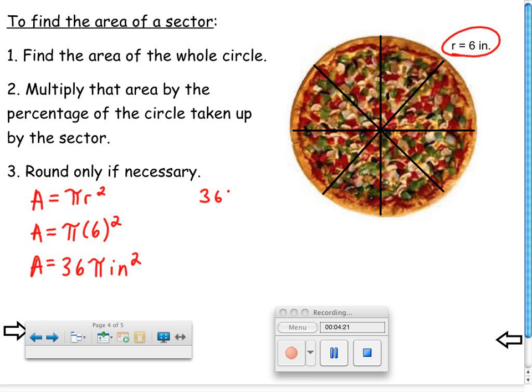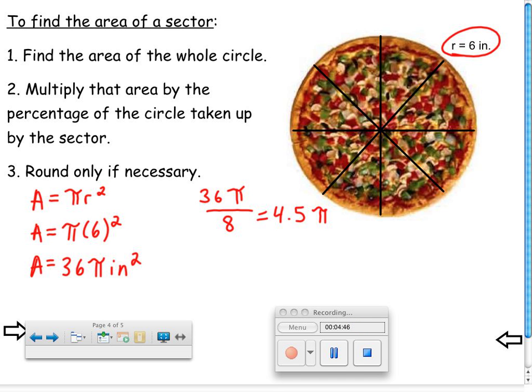Don't confuse the number pi with the pizza pie. The pizza pie is yummy. The number pi is a number. Just remember that. Anyway, we divide 36 pi by 8. And when we do that, 36 divided by 8 is 4.5, and we keep the pi. So that is the area of one piece.